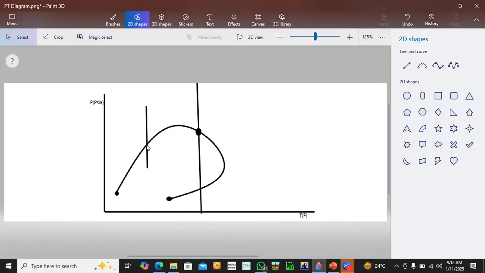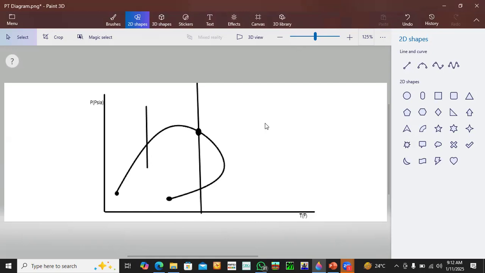So as pressure continues to deplete below the bubble point curve, as I told you earlier, anything within this phase envelope is a two-phase region. So as the pressure depletes below this bubble point pressure, we will be experiencing two phases within that reservoir, thereby having oil and gas within the reservoir.